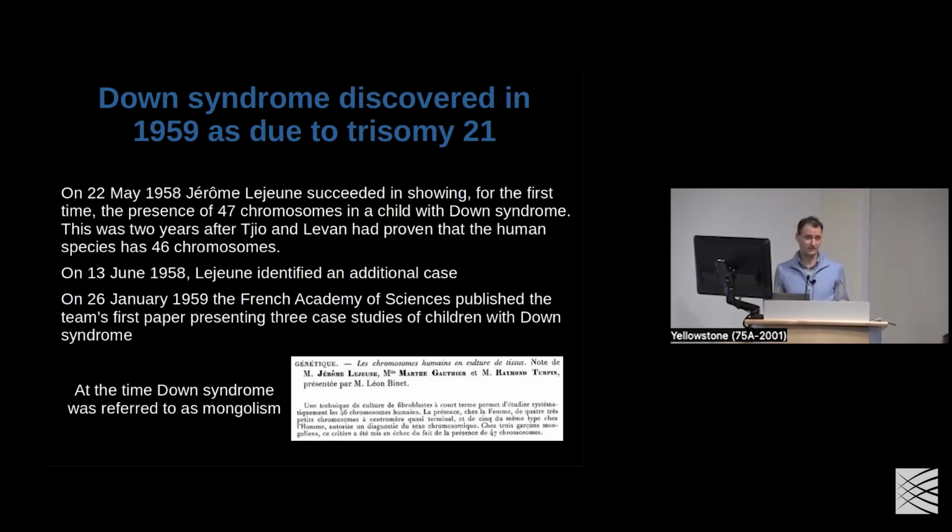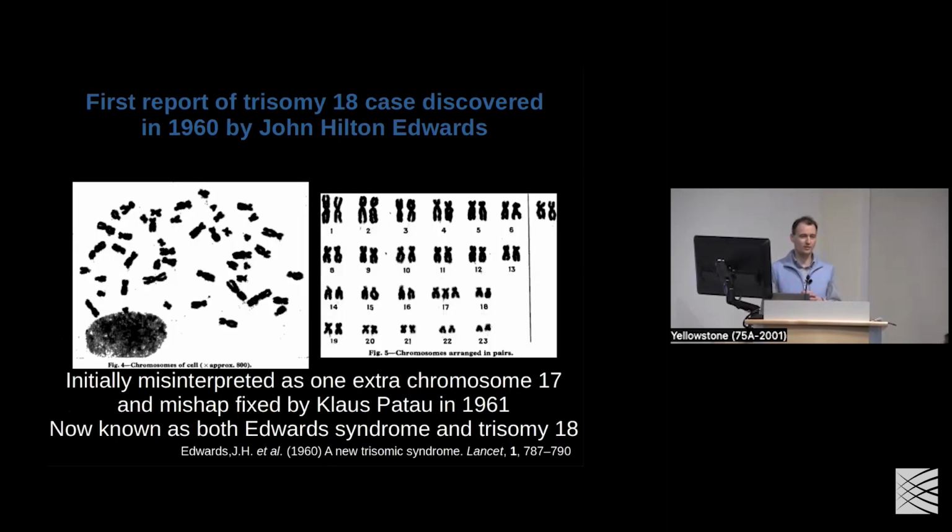For trisomy 18 and trisomy 13, because they're not as viable as trisomy 21, and because they are less common, there wasn't a name for them until 1960. The discovery of these syndromes actually came with the discovery of the genetic cause. And very interesting, in 1960, 2 manuscripts were published in the same issue of The Lancet.